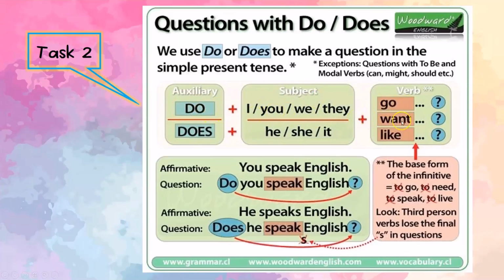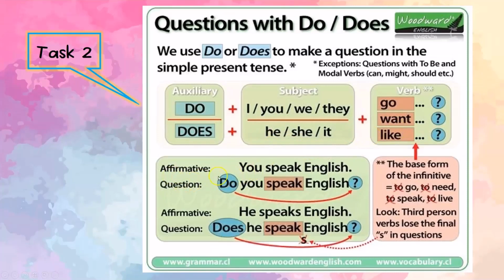Do you want? Do we like? If the subject is he, she, it, we will use does. Does he go? Does she want? Does it like? Or if we have any singular subject, for example Abu, we can say, does Abu want? Like that.